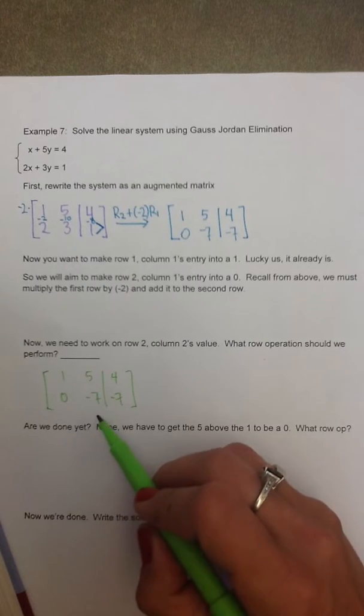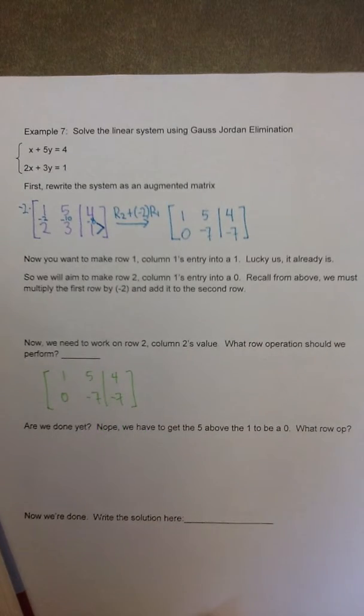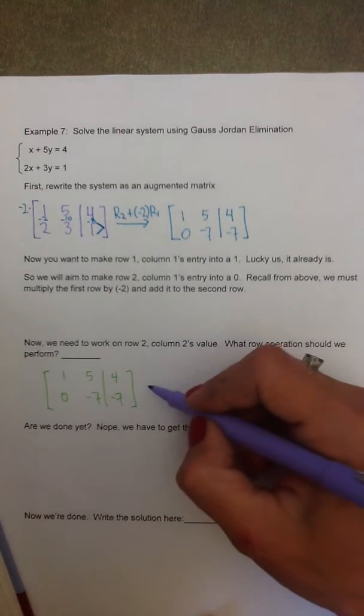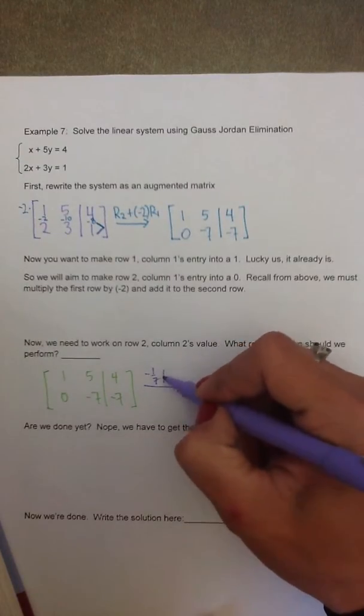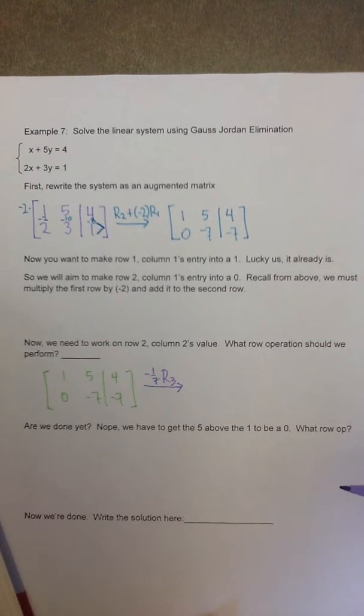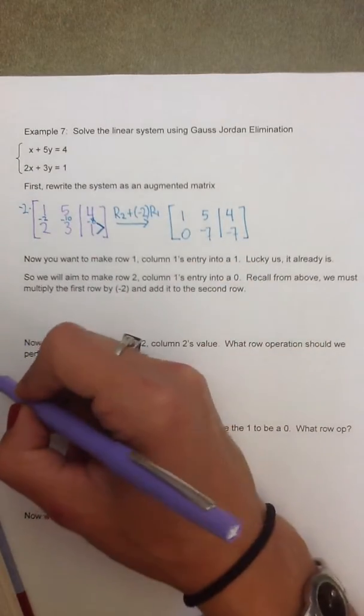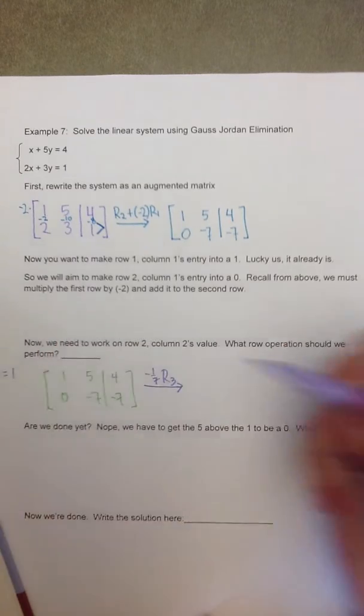To change this negative 7 into a 1, I would simply multiply negative 1/7 times row 2. And if you're not sure about that negative 1/7, on the side you could do something like negative 7 times what is equal to 1.